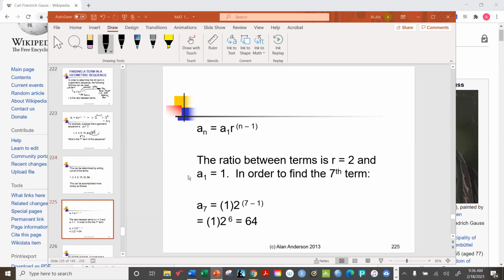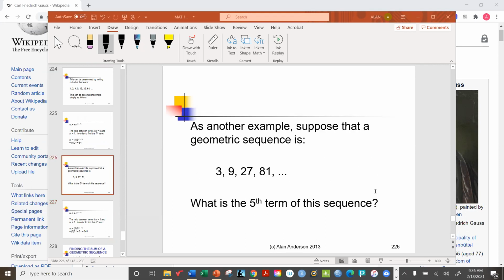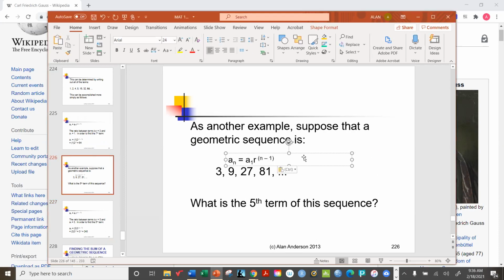Let's see, I think there's another example here. Here it is. Let's try this one for the fifth term. Okay, well, I mean, this one's pretty obvious, but go ahead and do it with the formula.